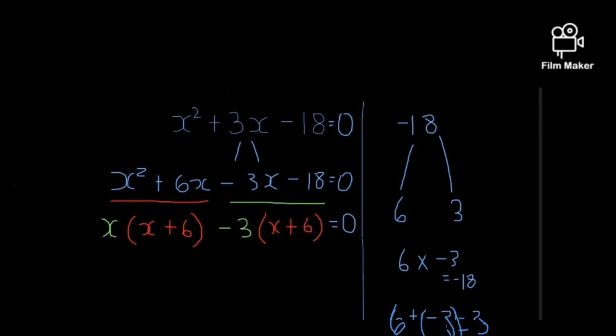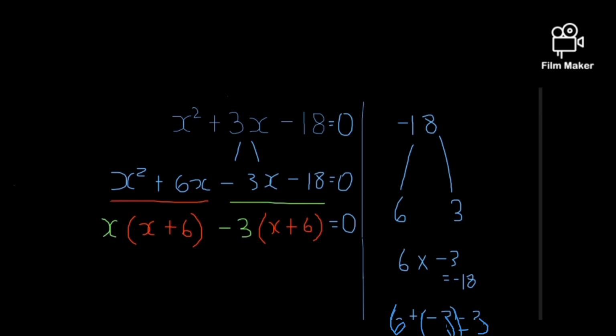So we can see that the negative 3 is a factor of negative 3x minus 18. And when we factor out the negative 3, we have x plus 6 left. Alright? So you can double check your factoring to see if you get back the original expression. Alright?